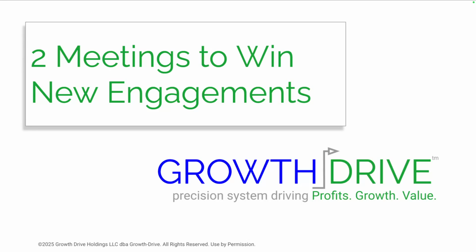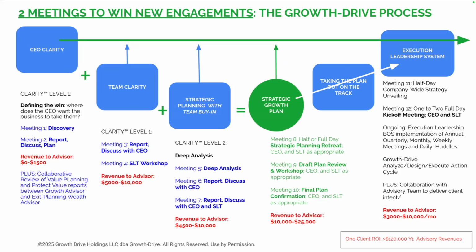So you've seen this before. This is the Growth Drive process, creating CEO clarity, expanding that to team clarity, strategic planning, and on through execution. Now, what we've done is we have layered in and listed for you the meetings that you can lead in order to win an engagement and then go on and deliver individual projects.